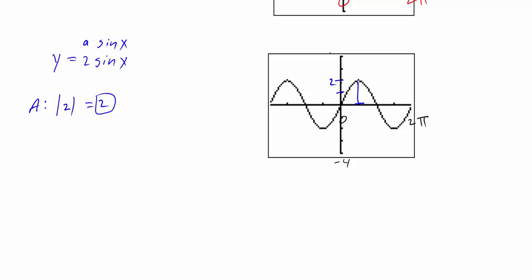So the amplitude certainly is 2. And then if we want to calculate the period, that is 2 pi over b, and our b value is a 1, so 2 pi over 1 is still equal to 2 pi. And we can tell from the graph that this graph is still going a distance of 2 pi before it starts to repeat. So here's the beginning of a period, and here would be the end of one period.